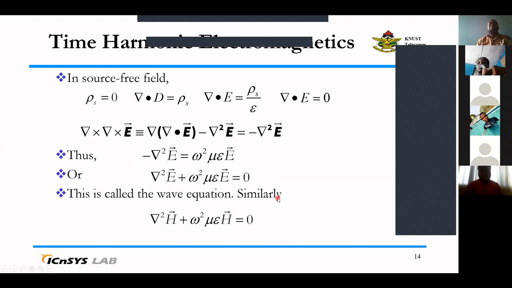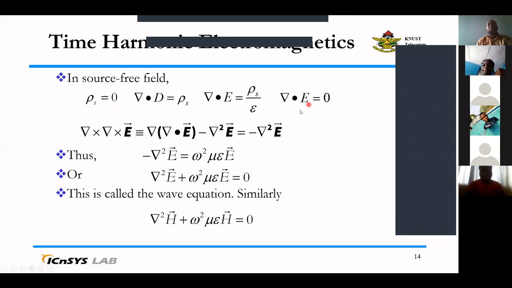And now we can further simplify this part of the equation. How do we simplify that? Since it is source free, then ρs equals 0. But from divergence of D equals ρs, it means divergence of D also must equal 0, since ρs is 0. And then divergence of E equals what? ρs divided by epsilon. Therefore, divergence of E will be 0.